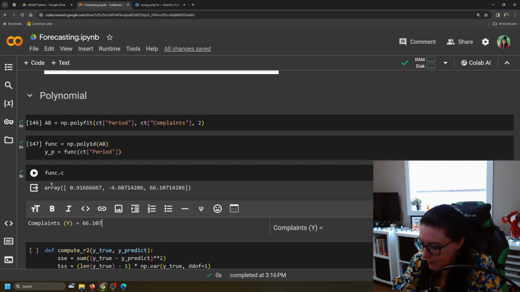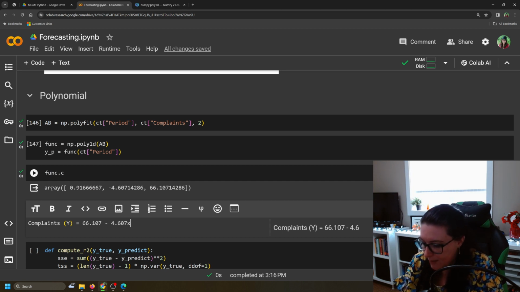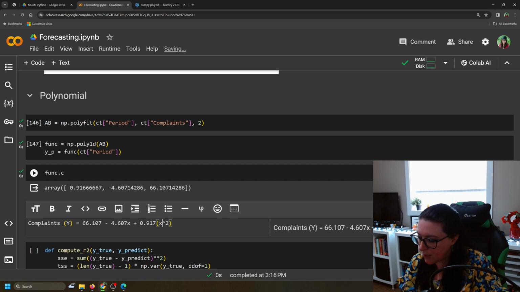So it's saying 6.107 minus 4.607x plus 0.917 x squared. Okay, so that's what it's telling you is the formula.